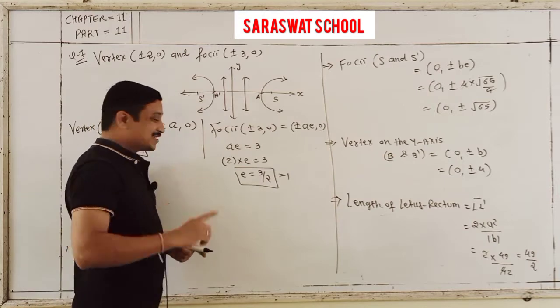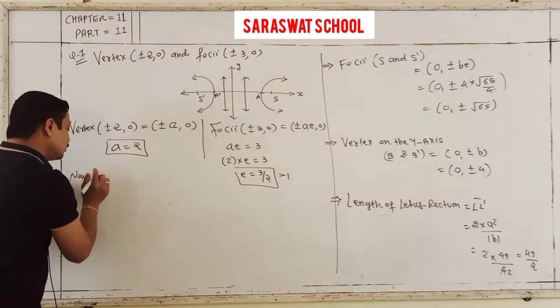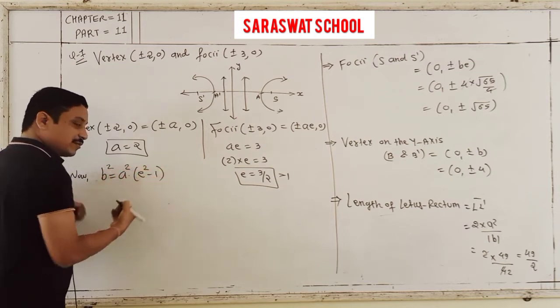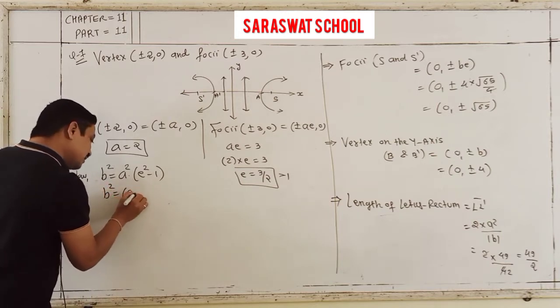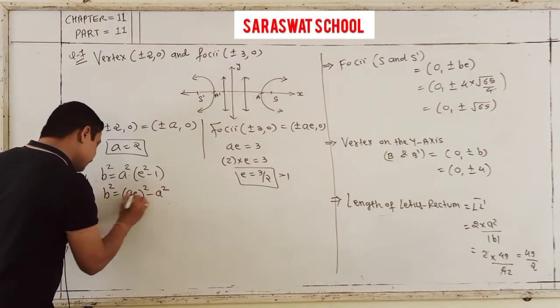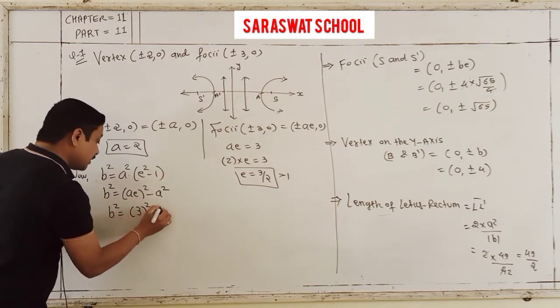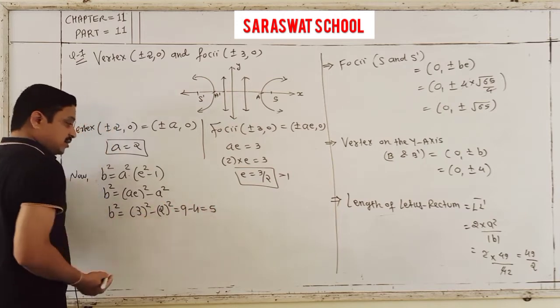Now formula number 3rd. What's the formula number 3rd? b square is equal to a square times e square minus 1, and very easy. b square is the same as here you multiply a square times e square minus a square. So what's ae? ae becomes 3 and a square is 2 square. So 9 minus 4, it will be 5.